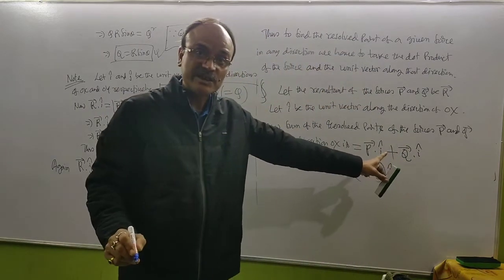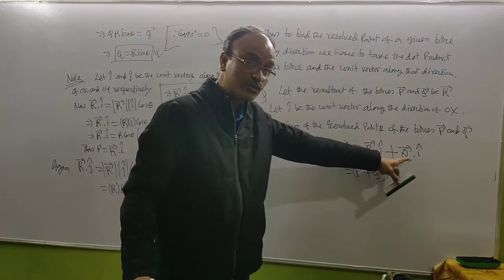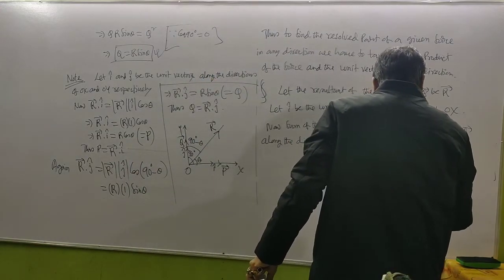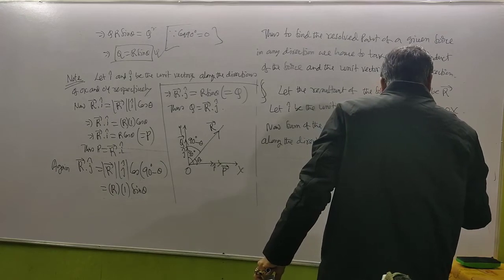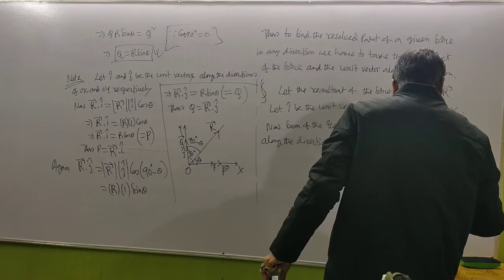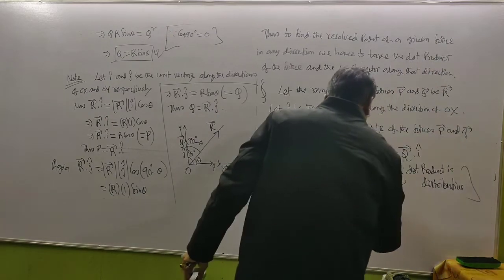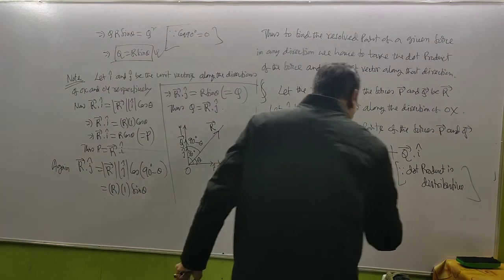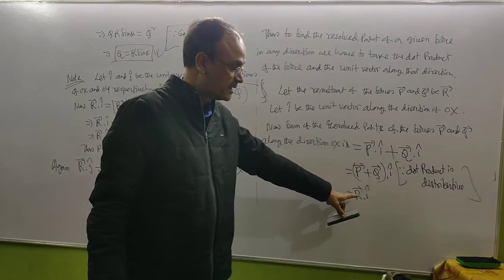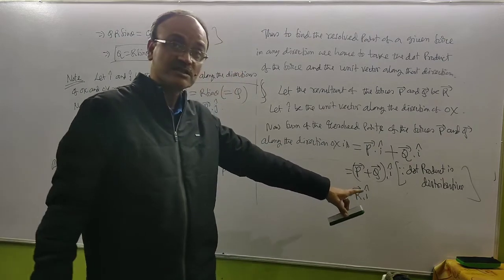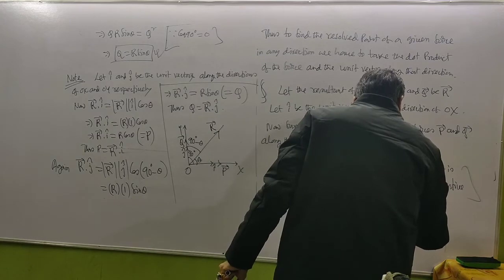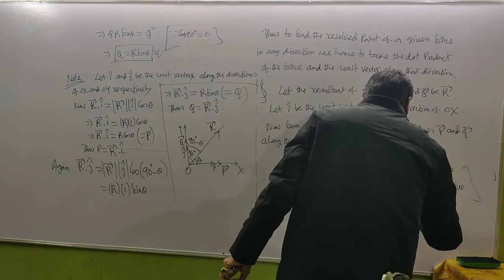Since dot product is distributive, we have written this. This is equal to R vector dot i cap, since R is the resultant of P and Q. Since R vector is equal to P plus Q. Why P plus Q?